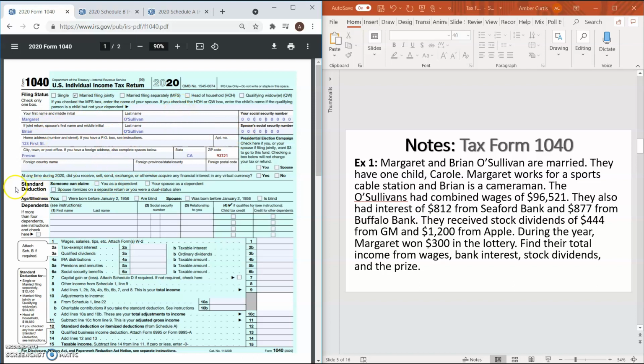Now we're going to look at the standard deduction. If we read through this, we can see that nobody can claim them as dependents, so we're going to move on. They themselves have a dependent, and her name is Carol O'Sullivan.